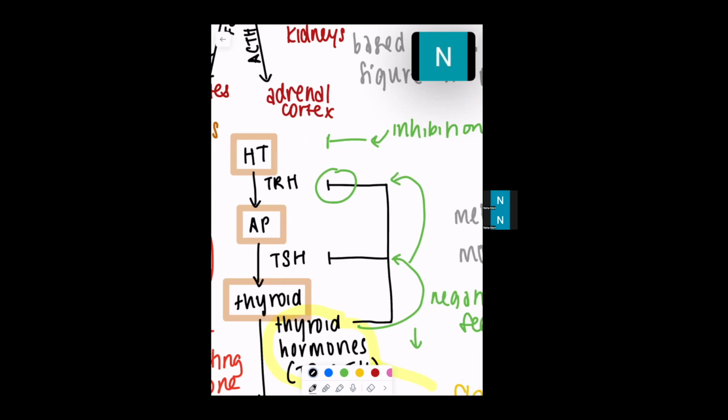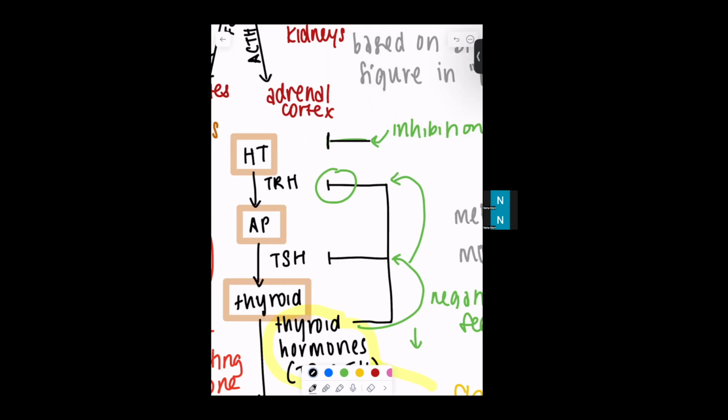You might not have seen this flat arrow before, but this notation is inhibition notation. So here and here, I have drawn arrows which signal one gland secreting something to another gland.